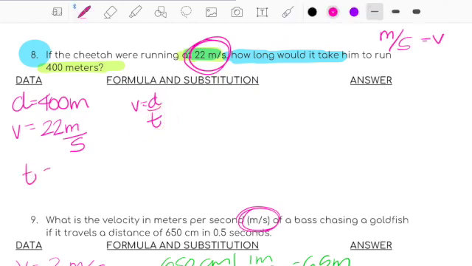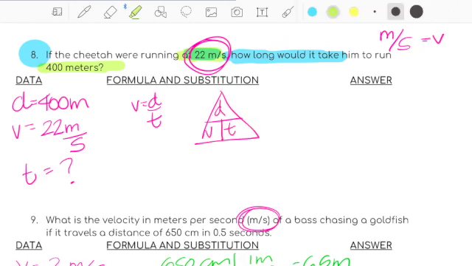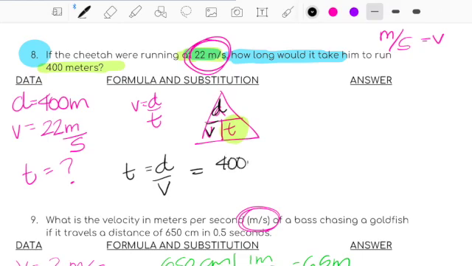It means I'm searching for time. Okay, so if I go to my triangle, velocity, distance, and time, and I'm searching for time, it means distance divided by velocity. Time equals distance divided by velocity. So we have 400 meters divided by 22 meters per second.